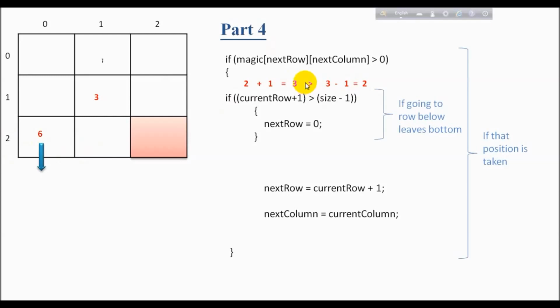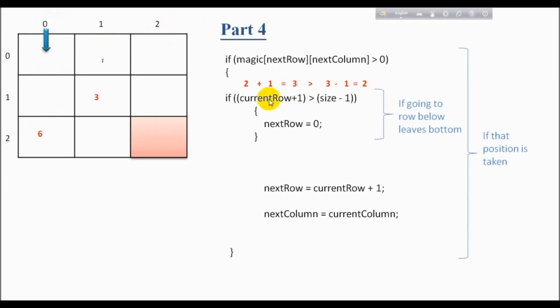Of course 3 is bigger than 2. That means going one row below leaves the bottom. So as this condition gets true, we just set our next row to number 0. That means we will set our next row to the first row number. So then this position will be our next position to put our next number. For this, our next number is 7.